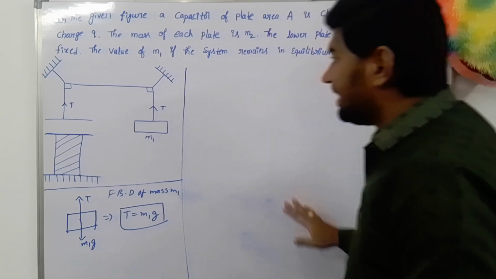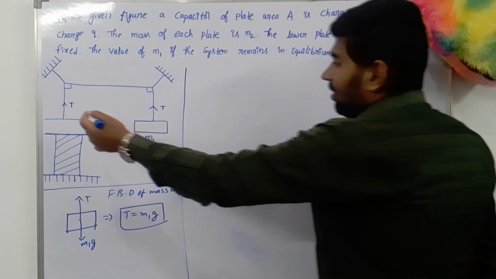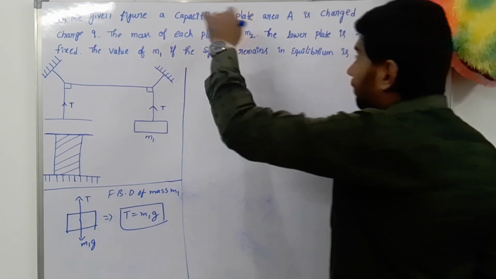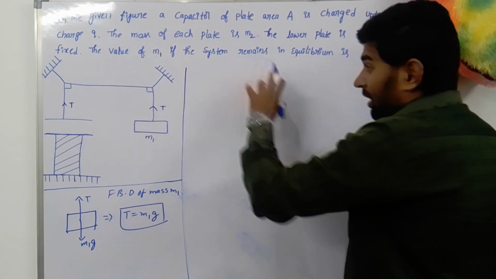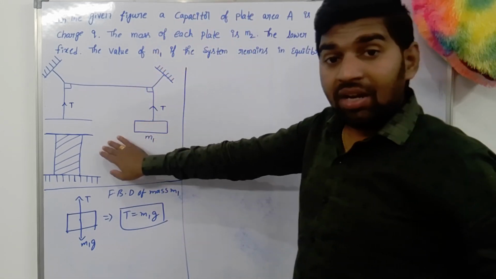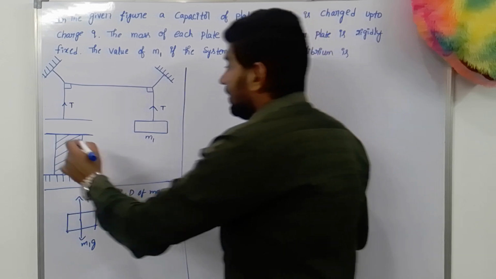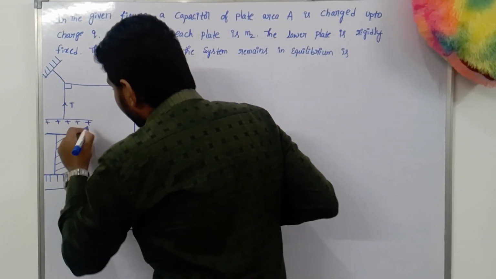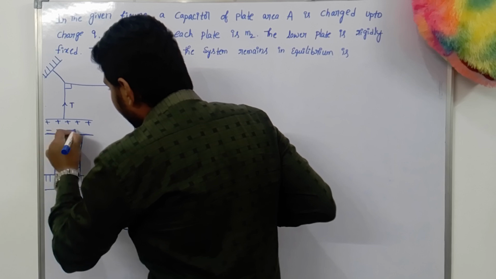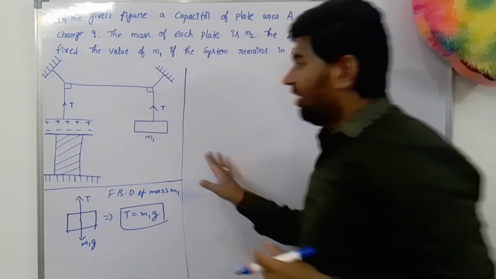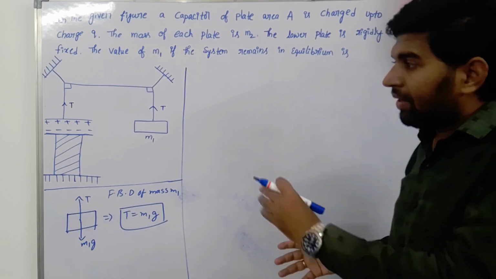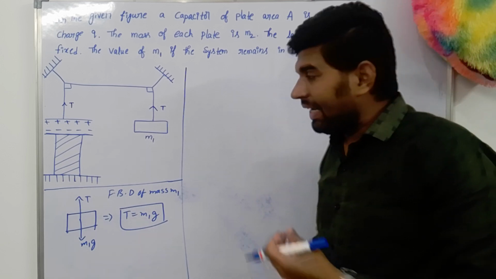It is clear. In the same way, you have to find out this tensional force also. If you observe, they are giving each plate as M2. If the capacitor is charged up to Q, let us assume this plate becomes positively charged and this plate becomes negatively charged. If the two charges are opposite to each other, what is the force between them? It is attractive in nature.